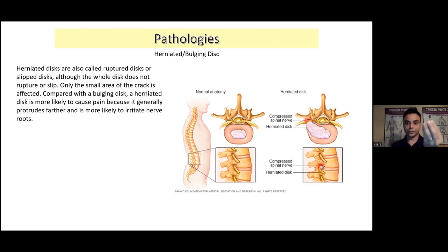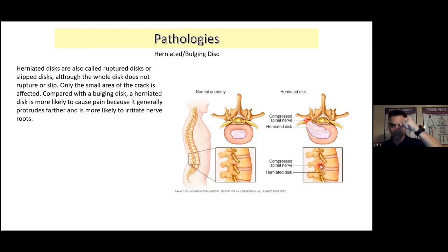So the inner region, the nucleus pulposus, is soft. And so weakness in the outer ring, also known as the annulus fibrosus, causes this inner gel to push into the outer ring, which then pushes it out, bulges out. We all can understand the definition of bulge, that it's just pushing outward and creating this palpable nodule.